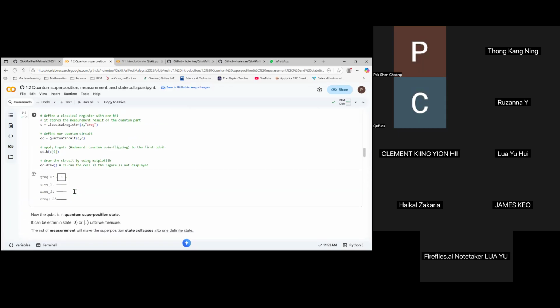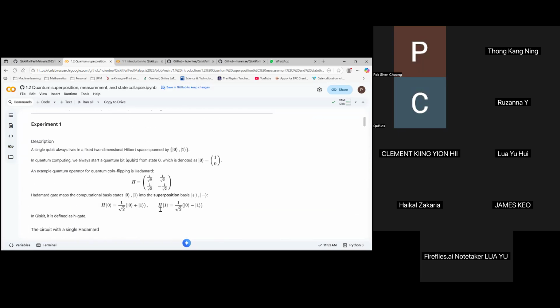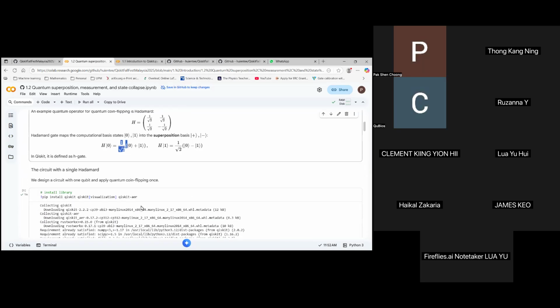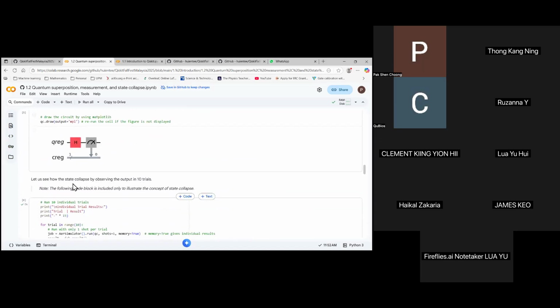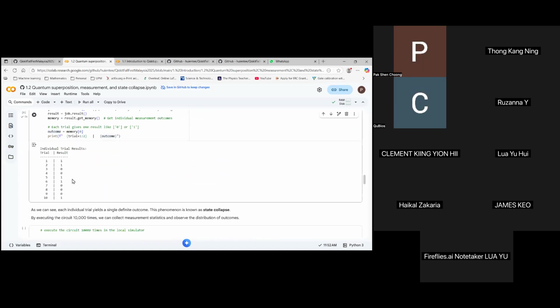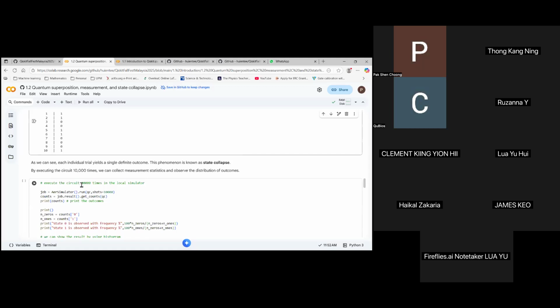Actually it is also related to this equation. When you square this probability amplitude, you get 1/2 for each of the 0 state and 1 state. So to know the probability from this equation, you have to square it. And this is the result that we get, 1/2. Is it the same? Yes. So yeah, this is quantum.